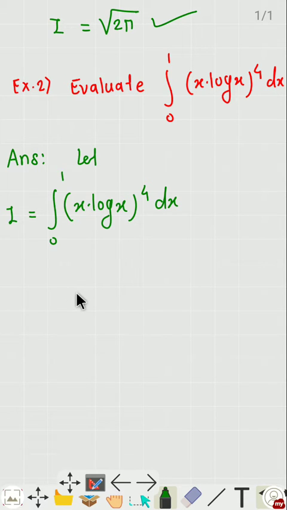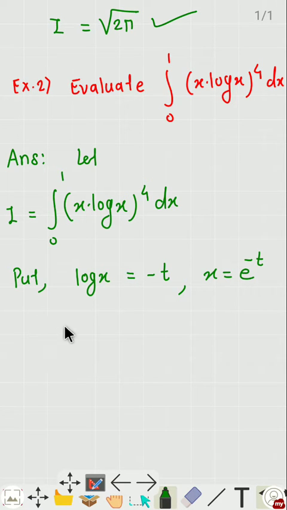Here the obvious substitution is we put log x equal to minus t, so this implies x is equal to e raised to the power minus t, and therefore dx is equal to minus e raised to the power minus t dt.